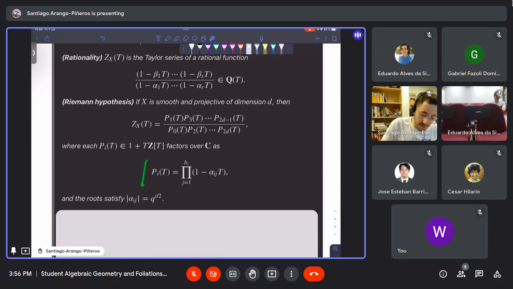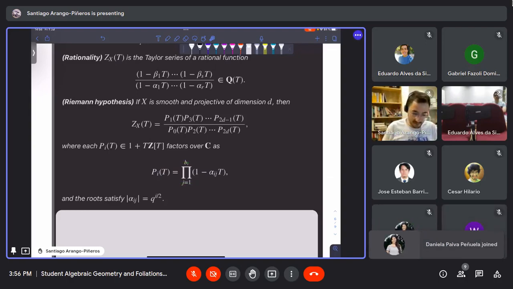And over C, these polynomials factor like this, and the roots are in a given circle. So for the P_i polynomial, the roots are all lying on a circle of radius q to the i over 2. And maybe a good question for you to ask later is, why is this called the Riemann hypothesis?